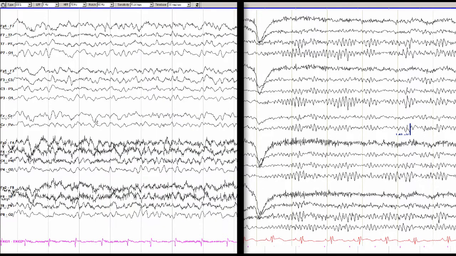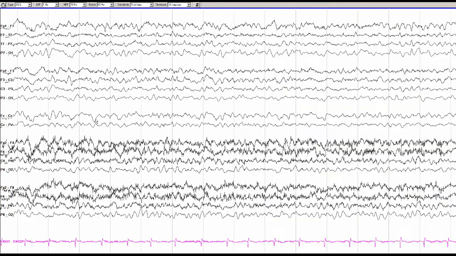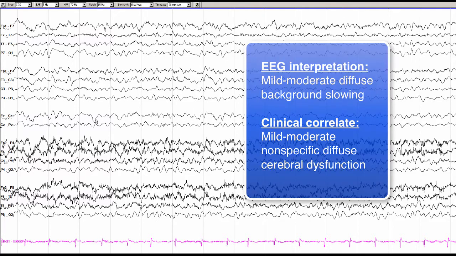Compare this to the normal EEG, where the predominant frequency is in the 10 to 12 Hertz range, seen best in the posterior aspect of the head. Therefore, we would say that this patient likely has mild to moderate diffuse cerebral dysfunction, manifesting as mild to moderate diffuse slowing of brain activity on EEG.